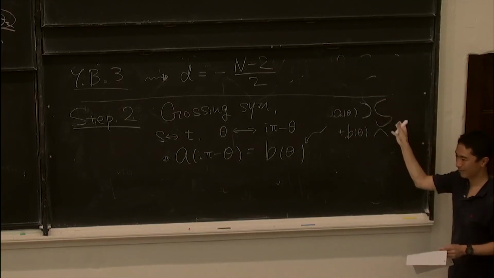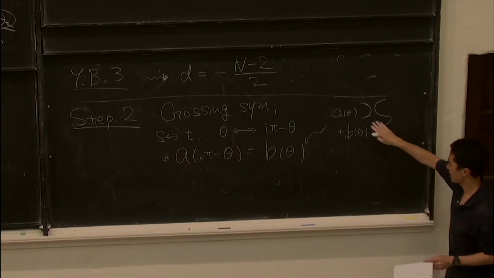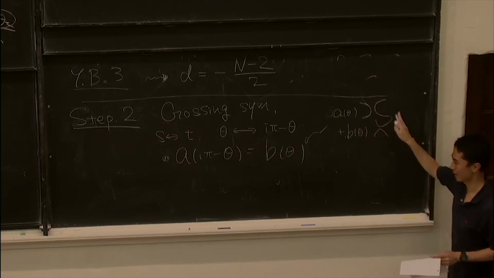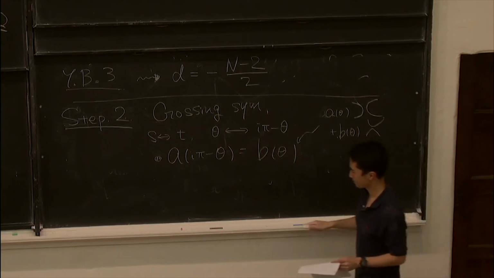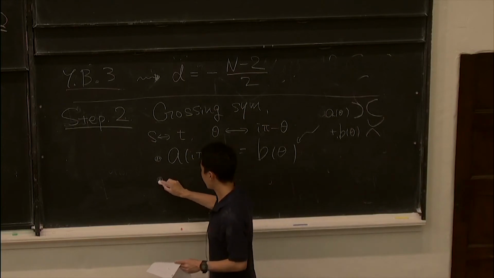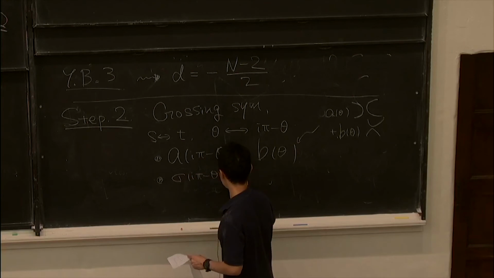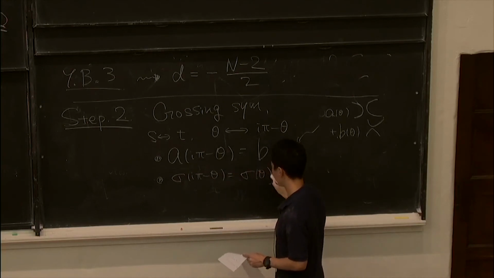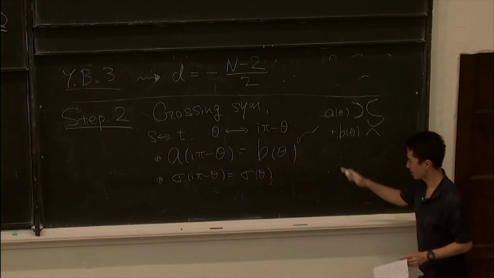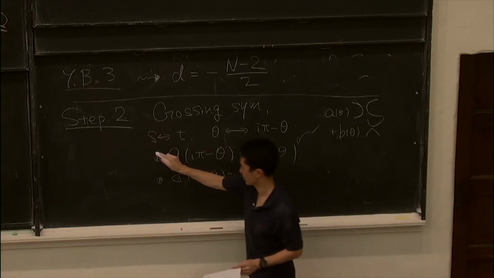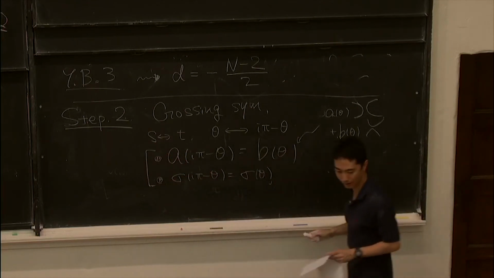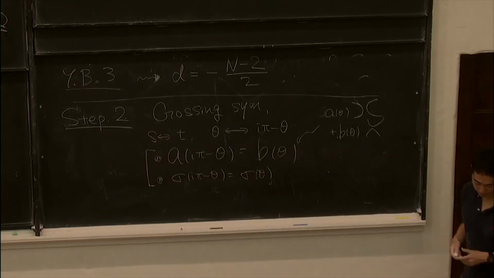If you flip the picture by 90 degrees, then A gets replaced by B. And this is what the crossing symmetry says. And there is, of course, yet another constraint, which is the constraint on sigma, the overall coefficient. But this also comes from the crossing symmetry. So these two are the consequences of the crossing symmetry.